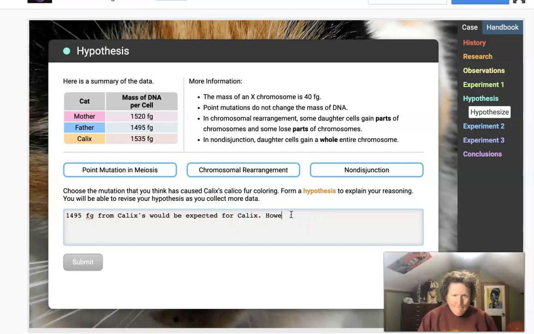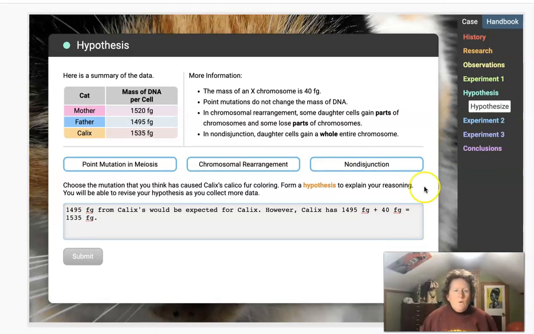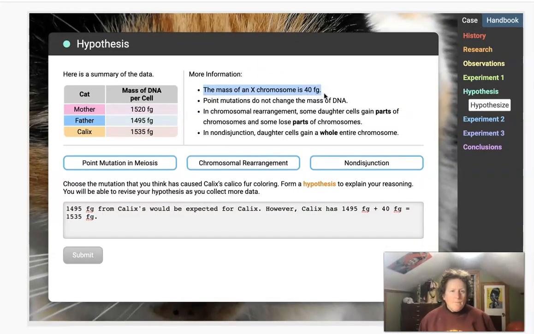However, Calix has 1495 plus 40 femtograms for a total of 1,535 femtograms. So it's likely that he gained a whole extra X here.